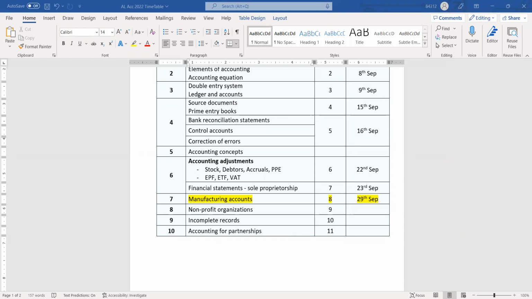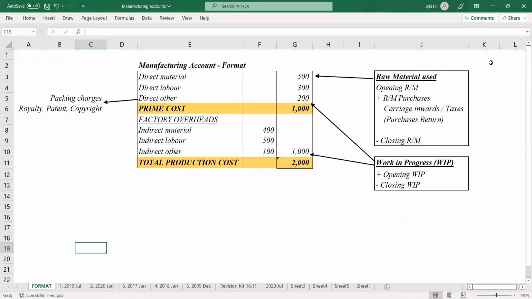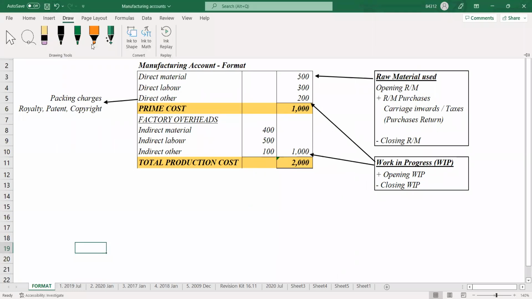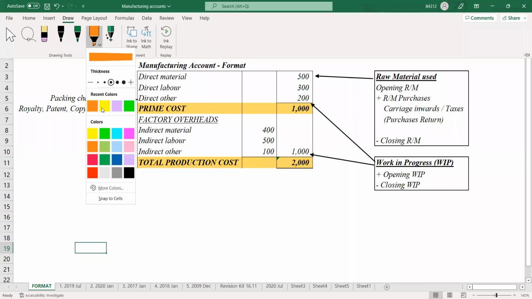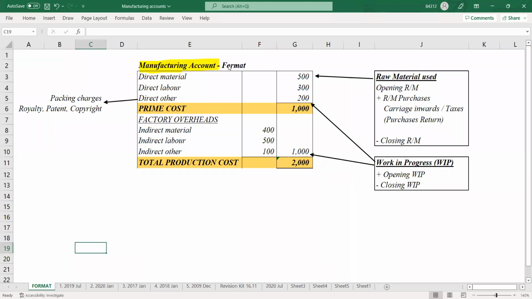For the basic format of the manufacturing account, the purpose of preparing it is to calculate the total production cost.